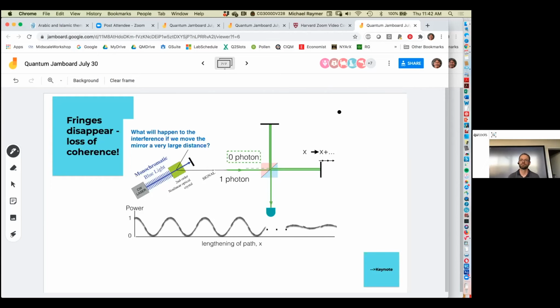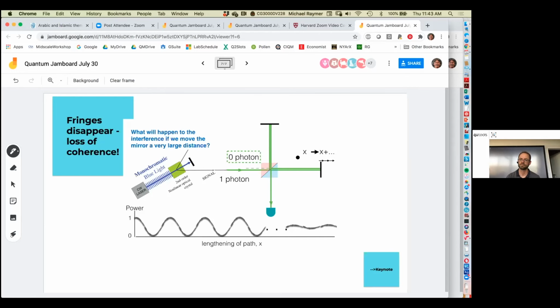And if you lose coherence in a quantum technology situation, that's called decoherence. In a quantum computer, decoherence will completely destroy the quantum nature of the quantum computer. It will no longer be a quantum computer. So this is a nice example showing, using single photons, how to destroy coherence.